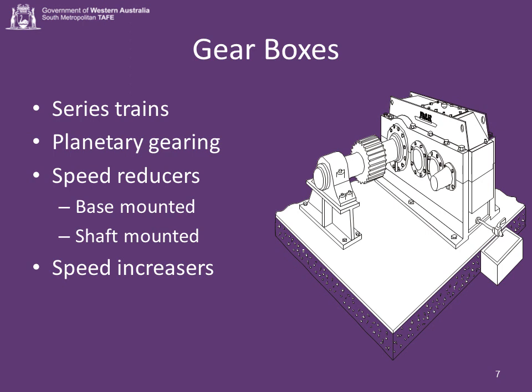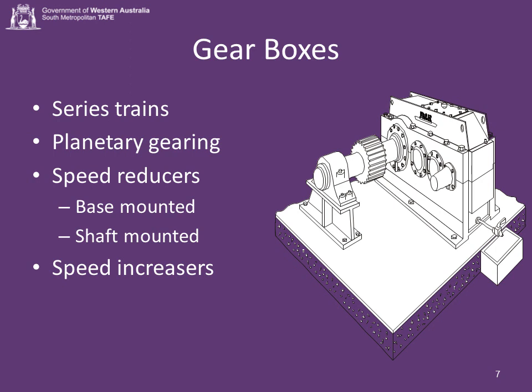Series trains. Overall ratio is input shaft speed divided by output speed. It's also the ratio of the individual mesh, except on planetary gears. Ratio is most easily found by dividing the product of the number of teeth of the driven gears by the product of the number of teeth of the driving gears.